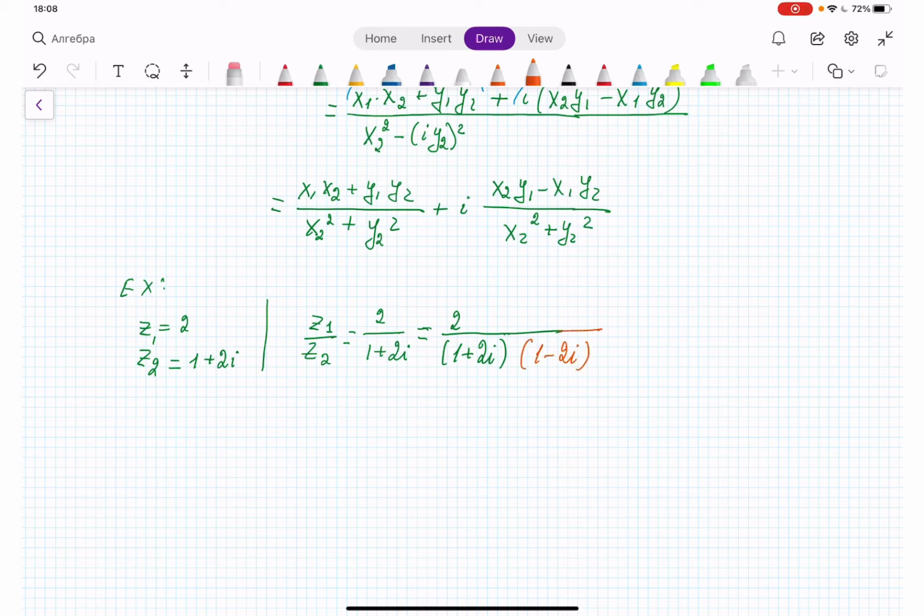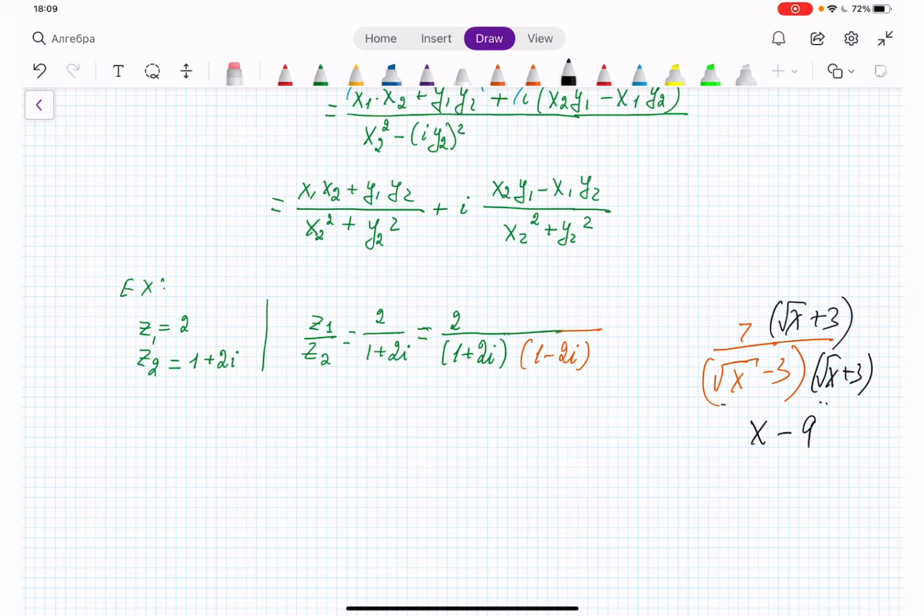Just like when we rationalize radicals, say 7 over square root x minus 3, we multiply and divide by square root x plus 3 to create a squared minus b squared and get rid of the square root. So we get x minus 9.